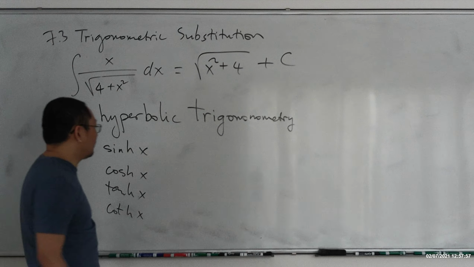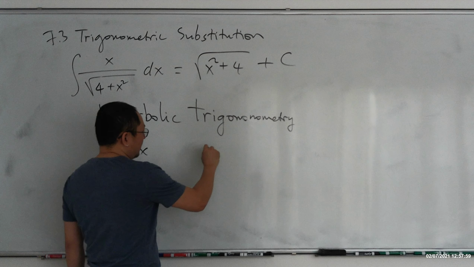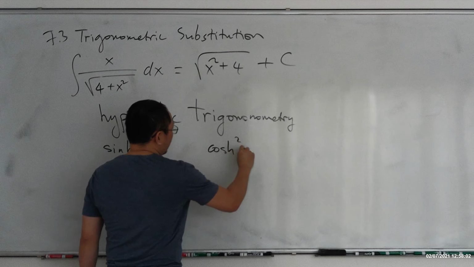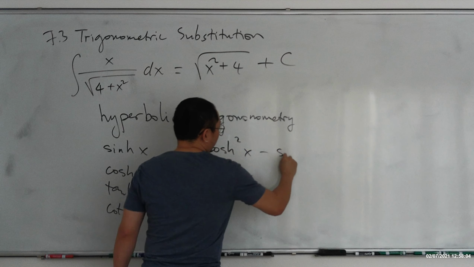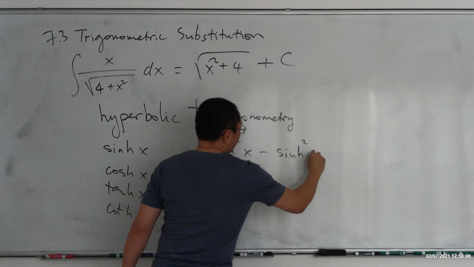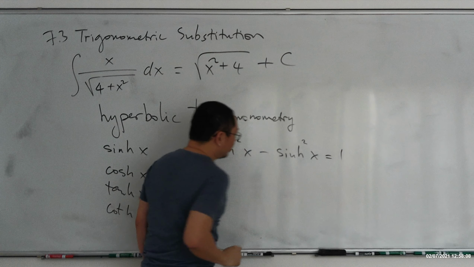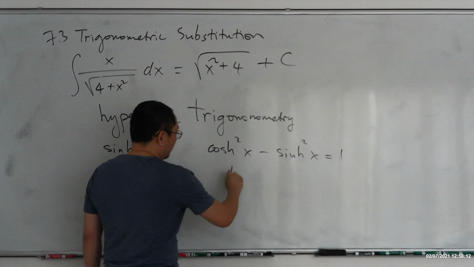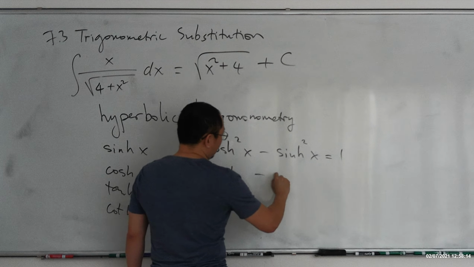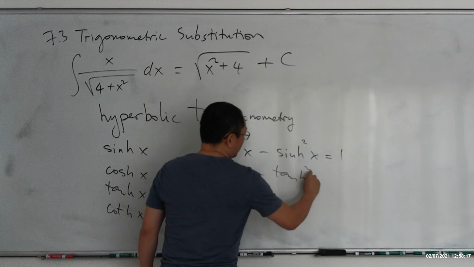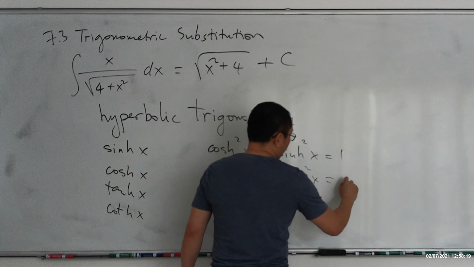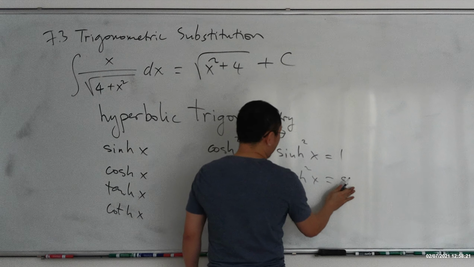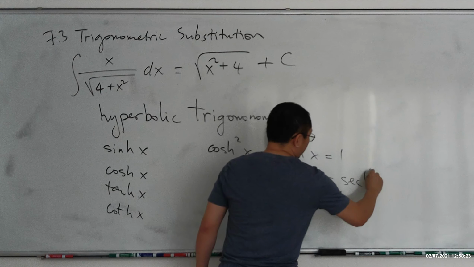And you have some trig formulas, and this is this. I think hyperbolic cosine squared minus sine squared equal to 1. You have then divide both sides by cosine. You have 1 minus hyperbolic tangent squared of x equal to hyperbolic secant squared of x.